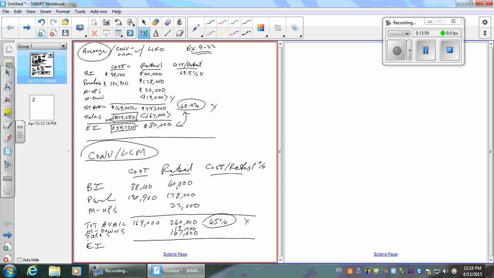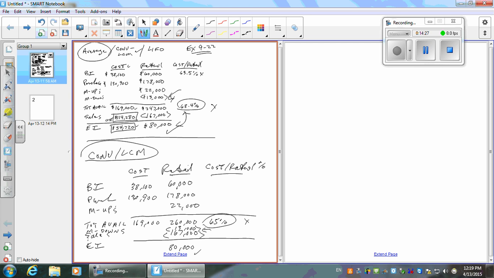So when you take away 13 markdowns and you take away 167 sales, what do you end up with for ending inventory? 80,000. It's got to be the same ending inventory. Okay? True? So the only difference is the 13 up here came out before you got your percentage, right? Cost of retail. And here the 13 is coming out after you get your percentage. That's it. That's all you got to keep straight.